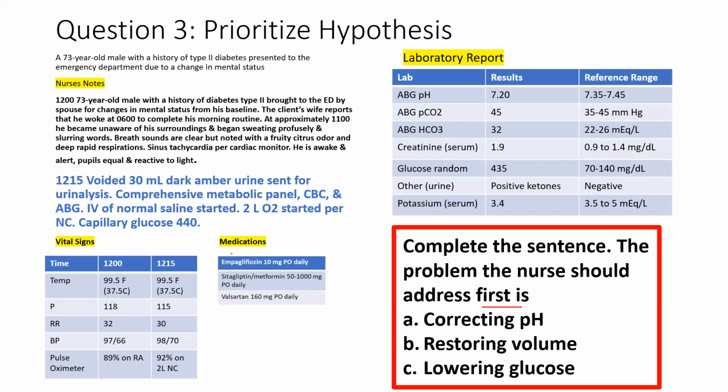Dehydration. Yes, we need to have the algorithm: dehydration, the potassium, and then the acidosis last. Okay, so therefore, the correct response over here is restoring the volume. All right, so we need to correct the dehydration first.